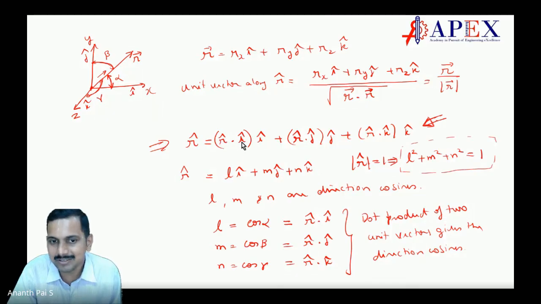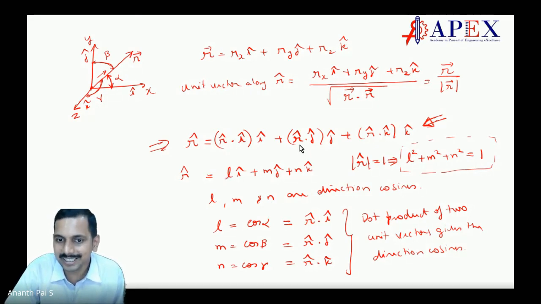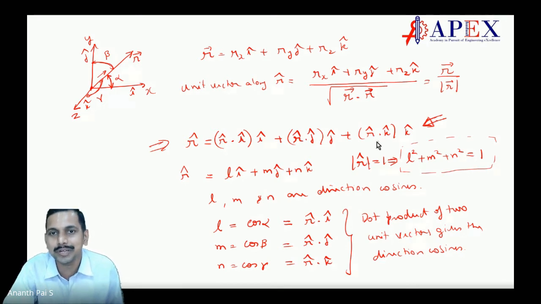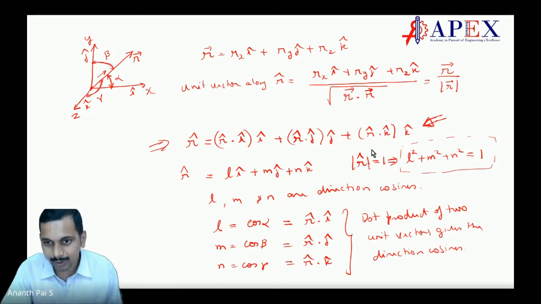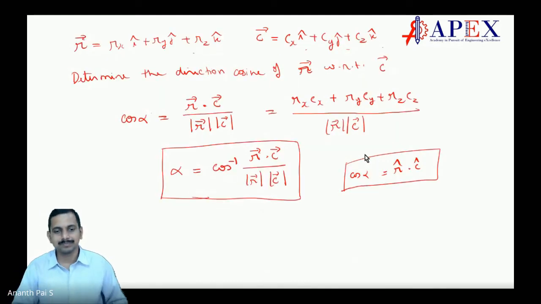R dotted with I gives cos alpha, which gives the cosine between the R vector and I vector. This gives the cosine between R vector and J vector. This gives the cosine of R vector with K vector. So when you do the dot, what you get is the cosine. Dot of two unit vectors gives the cosine. Simple. That explains that.